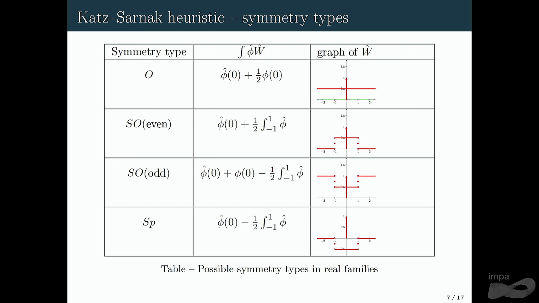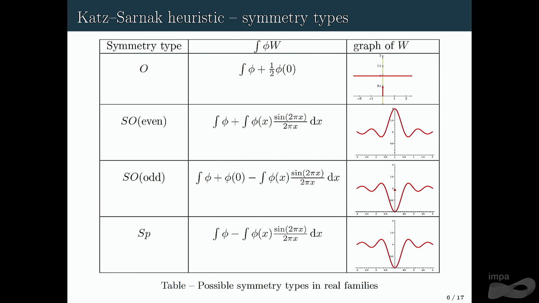Sorry. And then the next one should be a bit further away, like it's repulsed, pushed away from 1/2. And if it's symplectic, then there is zero chance to have a zero at 1/2, and still there is this repulsion happening.